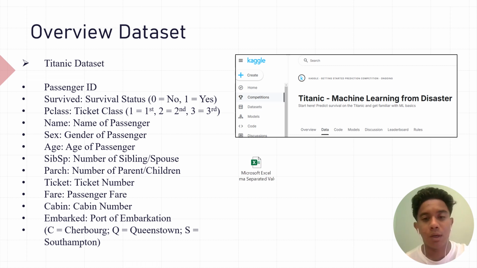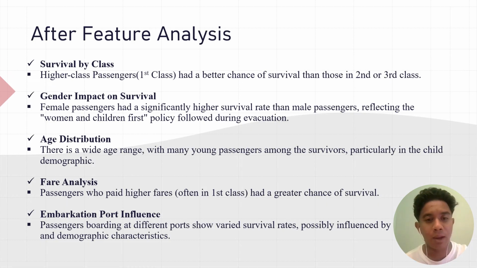After analyzing the dataset, including the feature analysis, I found first, survival by class. What I have analyzed here is that higher class passengers, which means the first class, had a better chance of survival than those in second or third class.